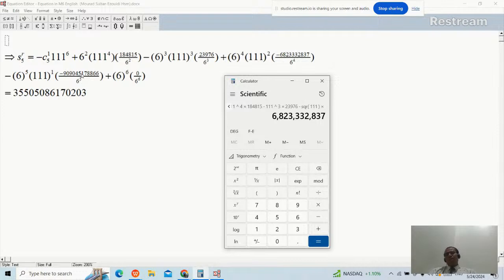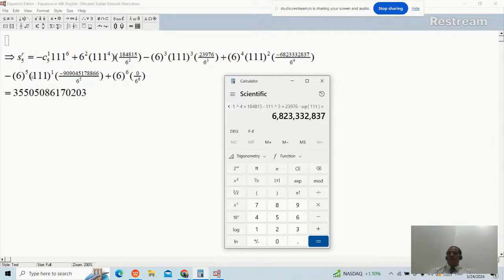909,045,178,866 divided by 6 to the power 5. You see 6 to the power 5 is in the denominator, and this one is 6 to the power 5, so this and that will be cancelled out. I'll just write minus 111 multiplied by 909,045,178,866.